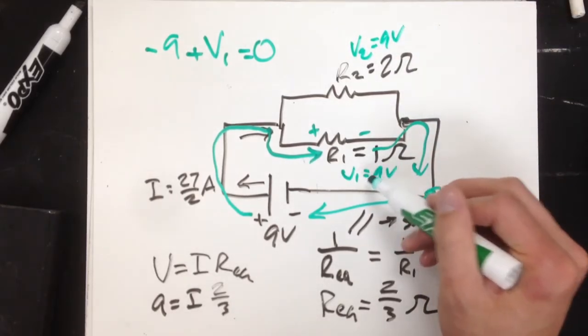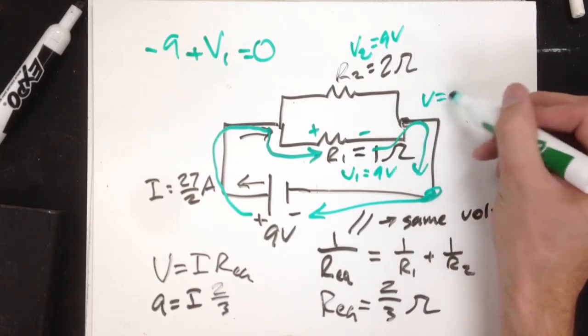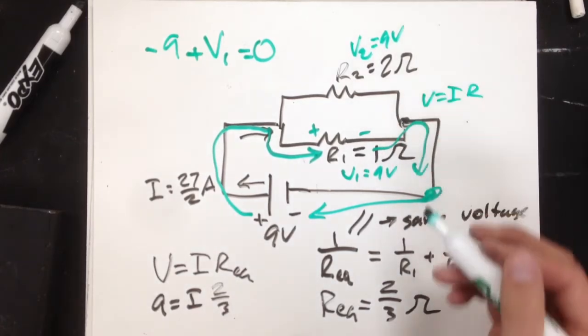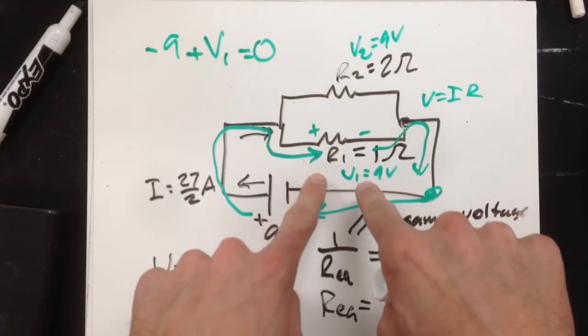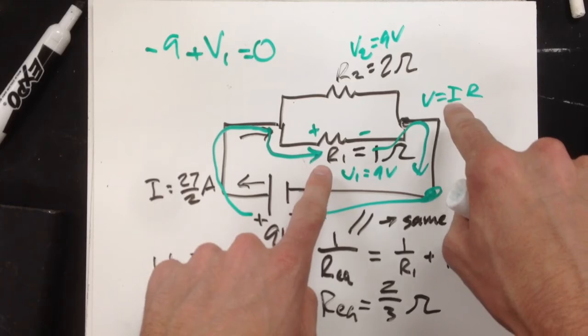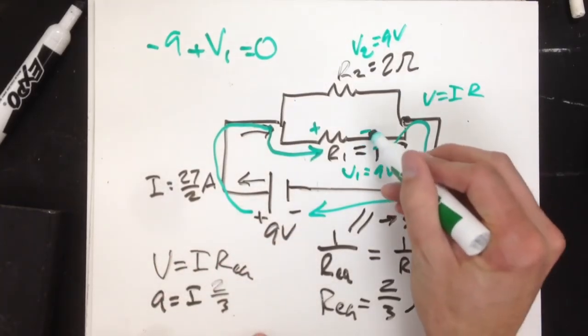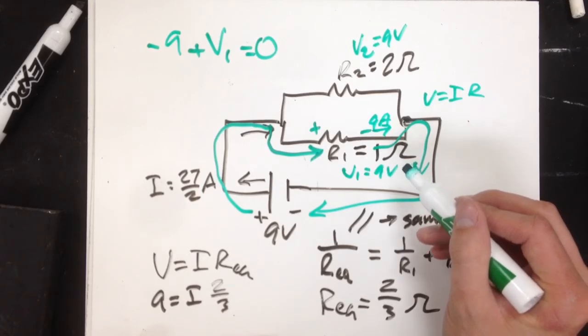Well, now I know the voltage and I know the resistance across each. I can figure out the current across each by using V equals IR again, but for each individual resistor. So let's just take this one. V equals IR, resistance is 1. Well, that means my current in this case is 9 amps flowing through that resistor.